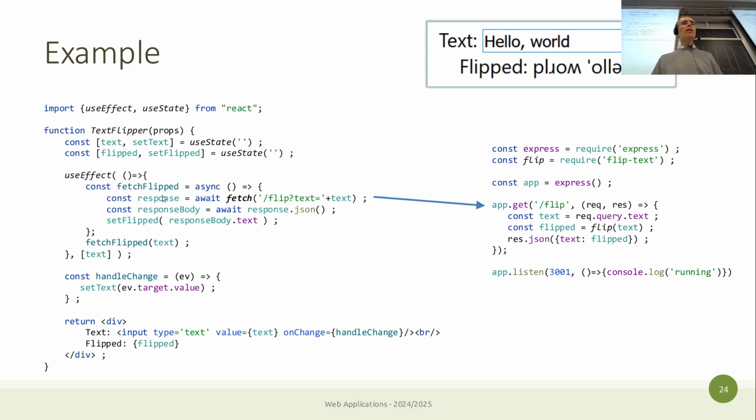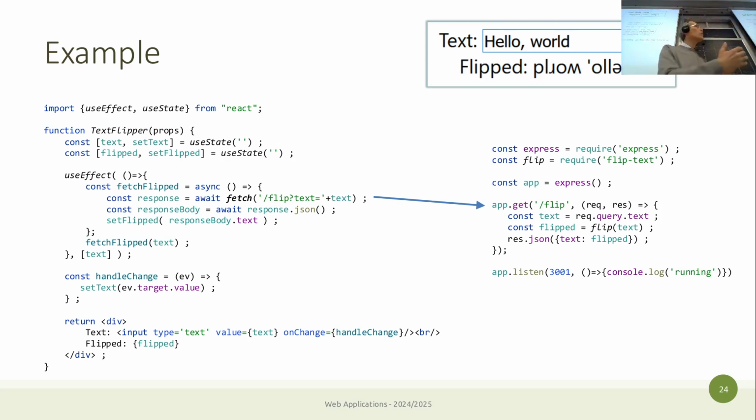We want to run it as an async function, so we define an async function, and then we call it. So fetch flipped async, a way to fetch /flip with some text, which is the value of the controlled form. We await the response, we convert it into JSON, and we take the value from the JSON. Because from the beginning of this course we're going to use JSON to exchange information between the client and the server, and vice versa.